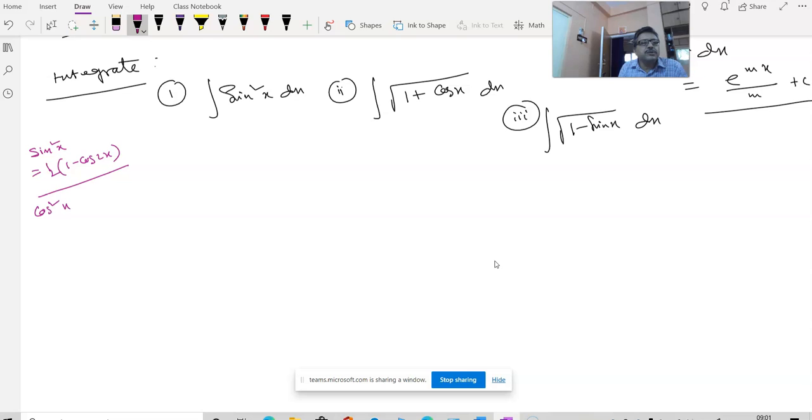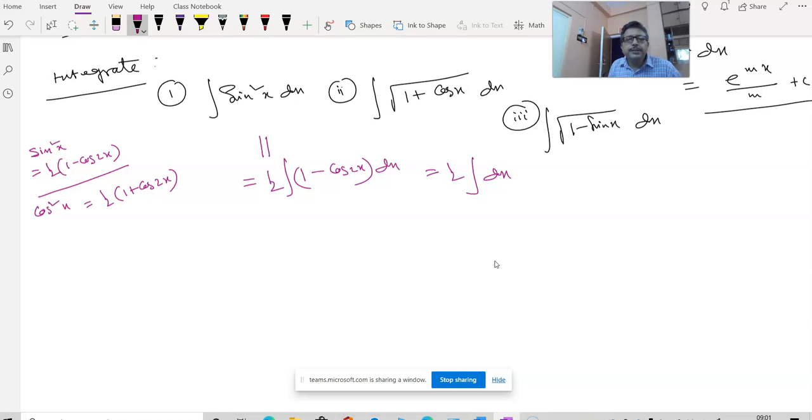Similarly, if it was cos square x, you could have written this as 1 plus cos 2x. So this one, if you want to write, this will be half into, half is a constant. We have every right to take it outside the integration. This is by rule of integration. Then half will remain outside. Integration of dx minus half. So this will be half into x minus half into this plus c.